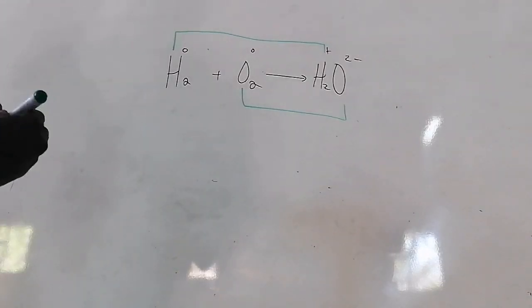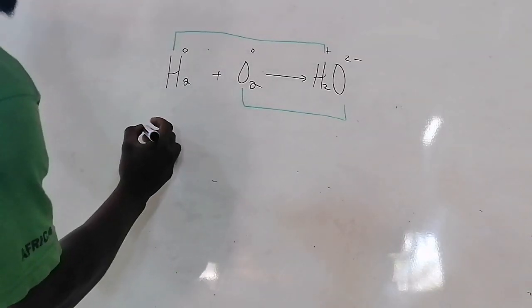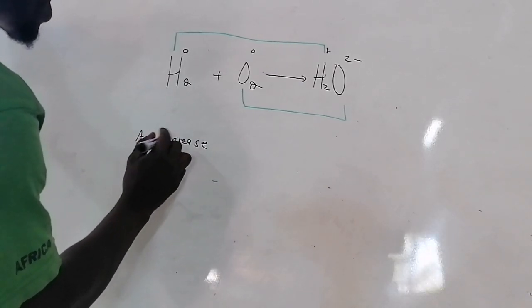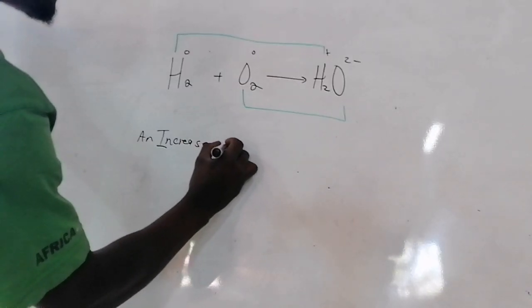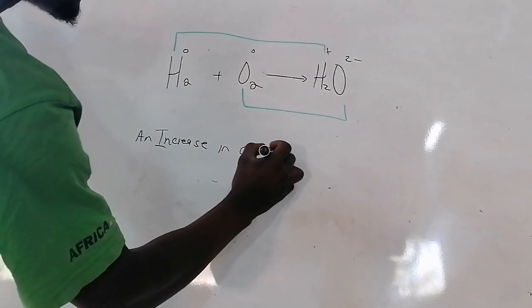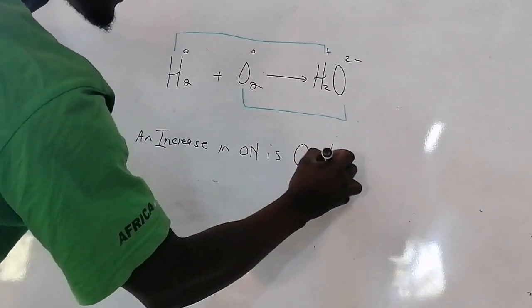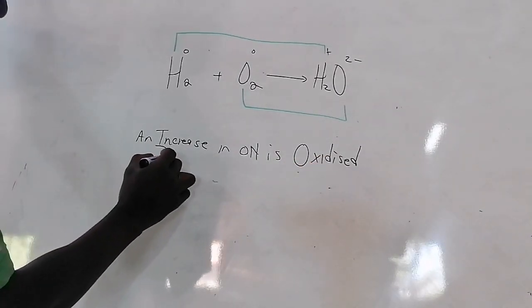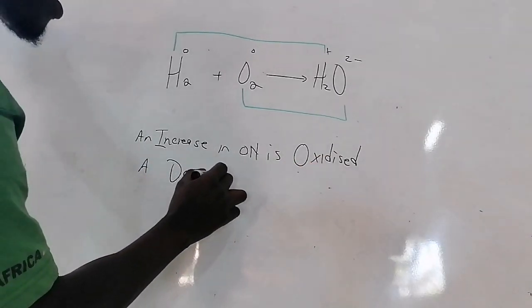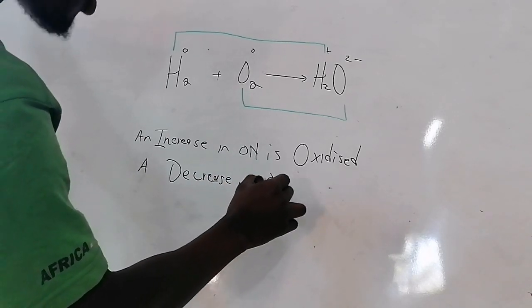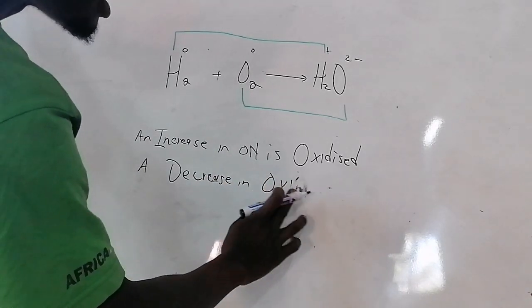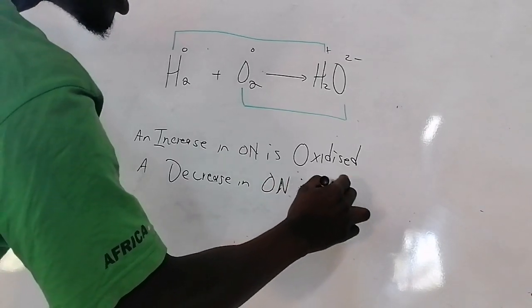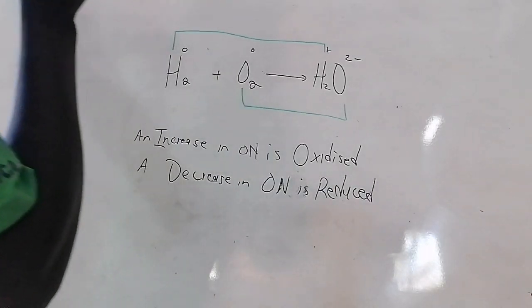Let me just write it down. So an increase in oxidation number is oxidized. Then a decrease in oxidation number is reduced.